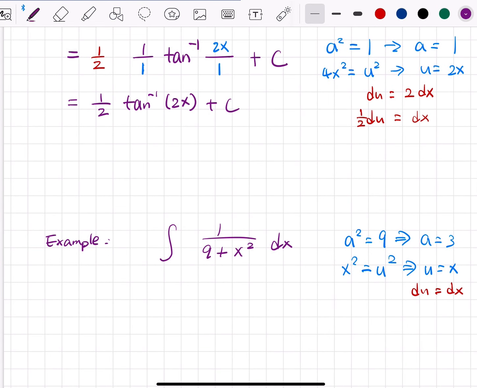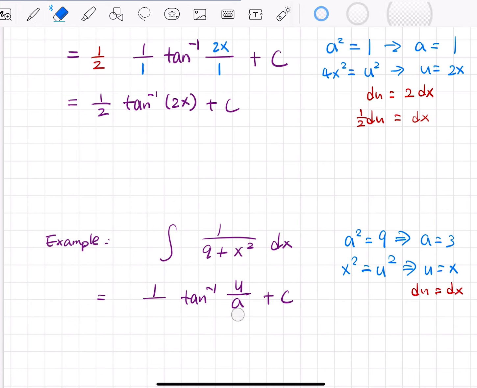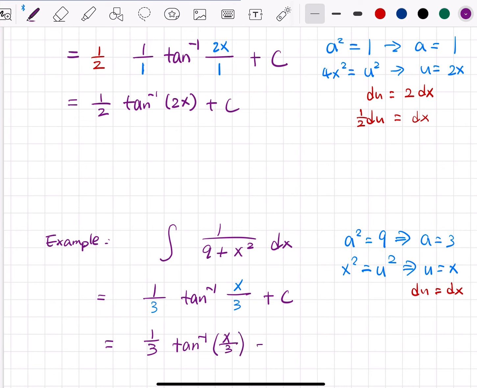According to the formula, it's going to be 1/a tangent inverse of u/a plus c, where a is 3 and u is x. So the final answer is going to be 1/3 tangent inverse of x/3 plus c.